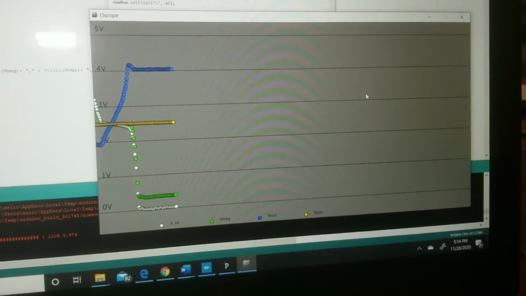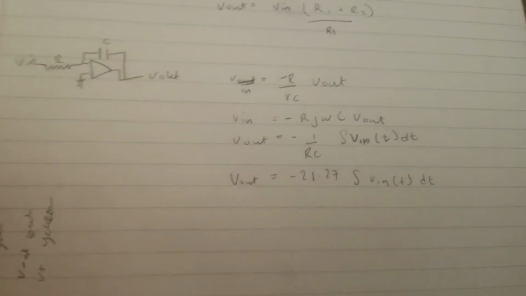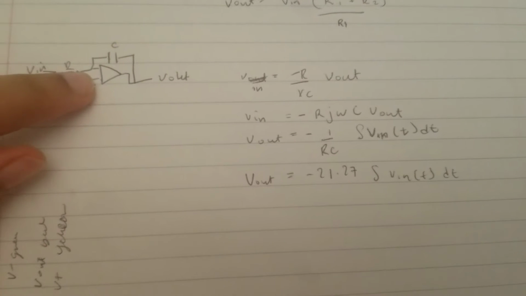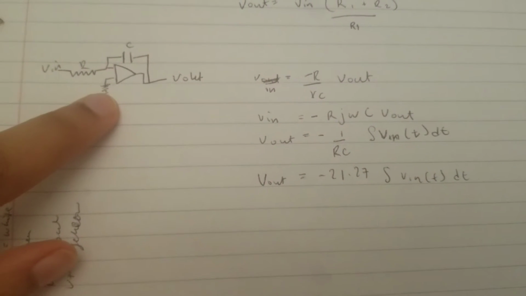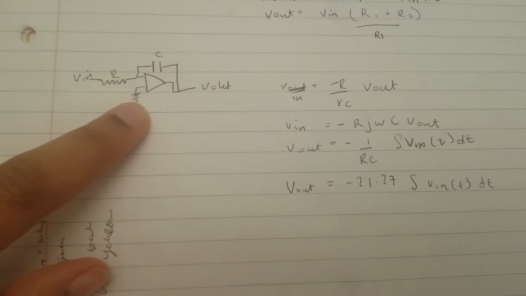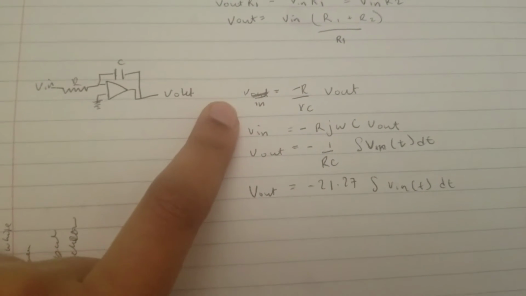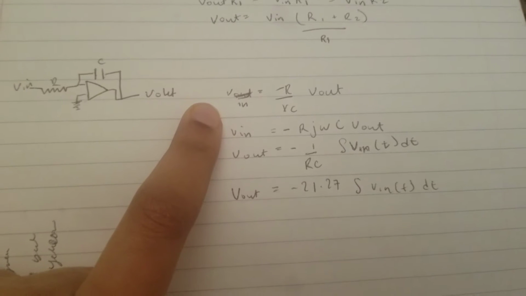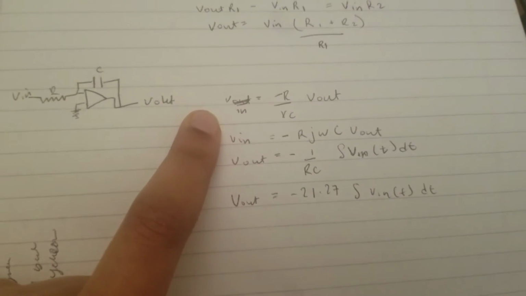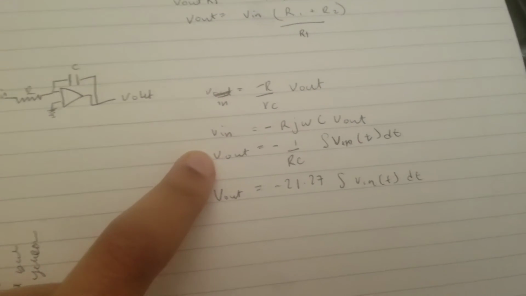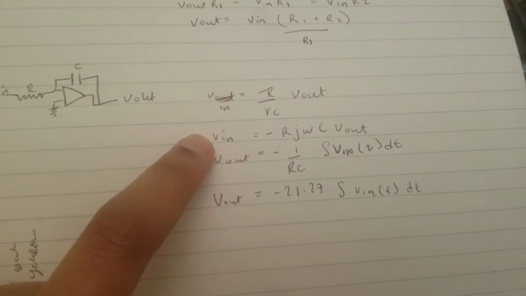Example 4. We end up doing nodal analysis over here because we know that V plus and V minus are equal to 0. We get this equation where V in is equal to negative R over the impedance of C times V out. We rearrange it and we find this equation.